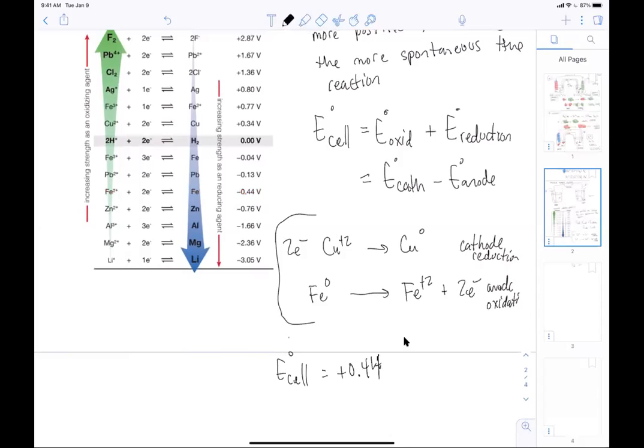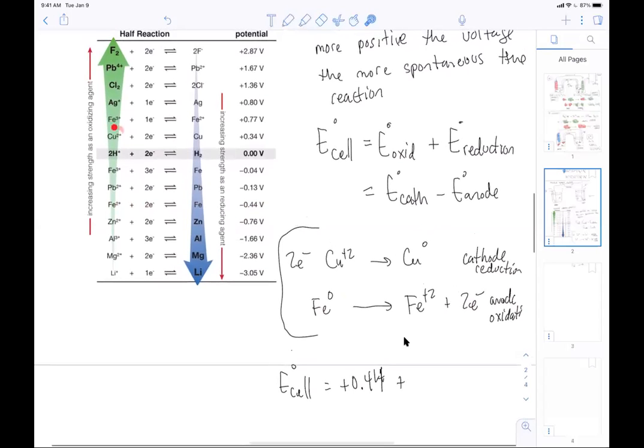How do I know that I want the oxidation potential? Because that's how this reaction is written out. It's the opposite of this reaction. And then for the reduction potential, that's just what we look up in the table. So that's copper going to copper 0. You see that that matches this equation I've written down here.